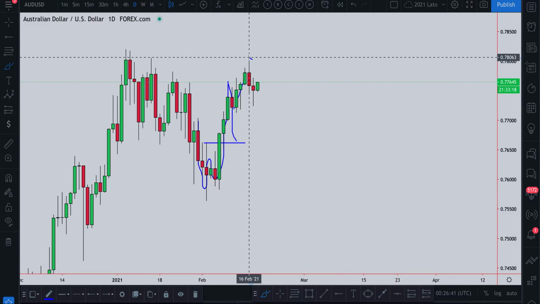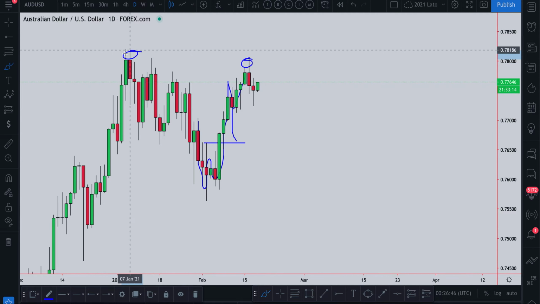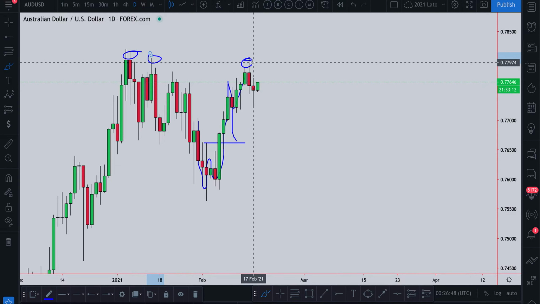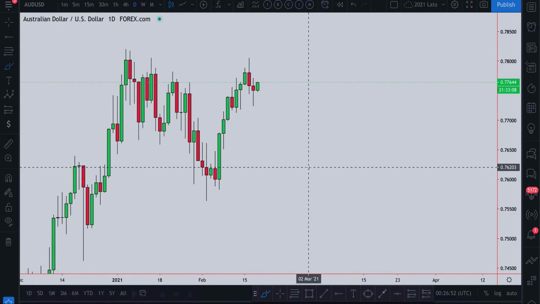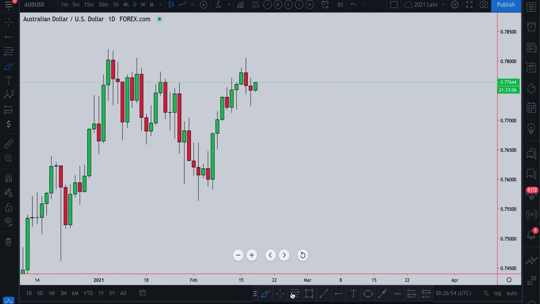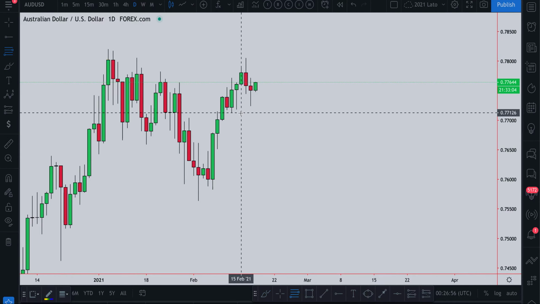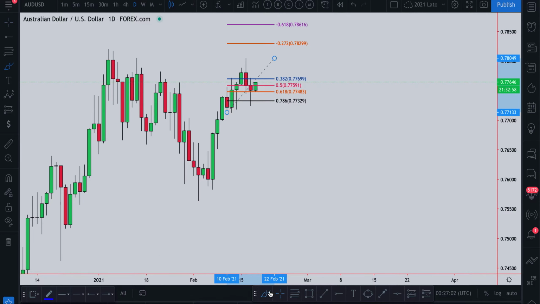From that zone, which is the strong resistance zone, the market rejected back down. If I use the Fibonacci tool, from the swing low to the swing high, here you can see.